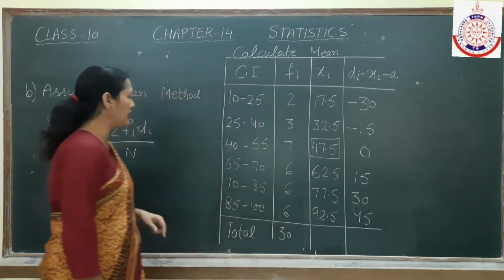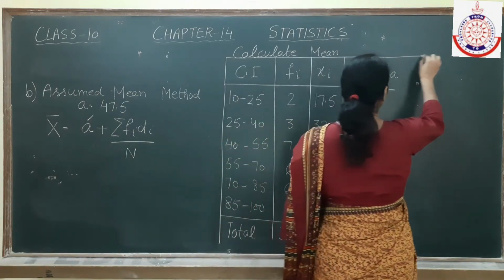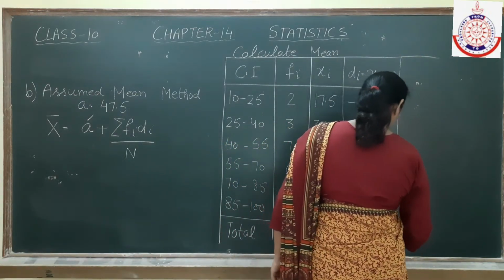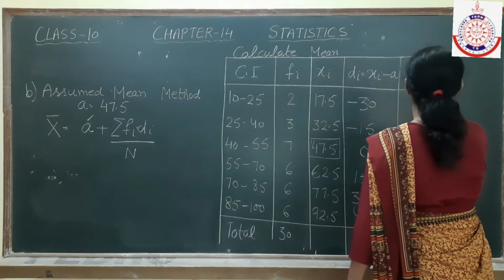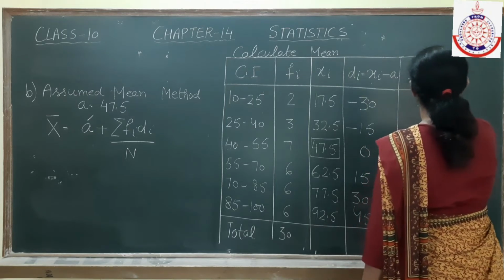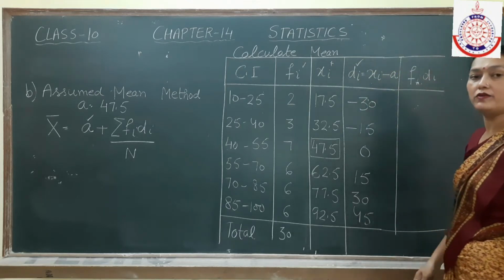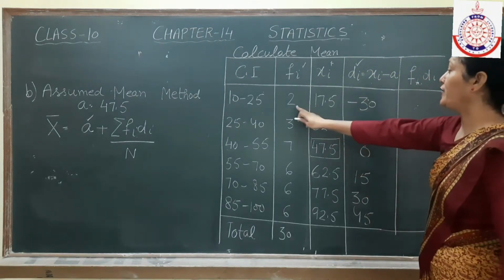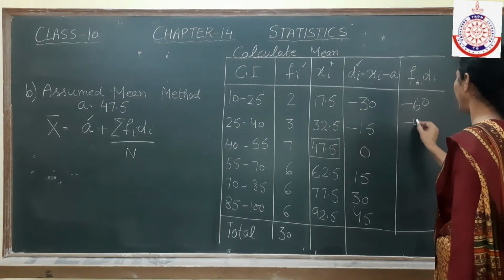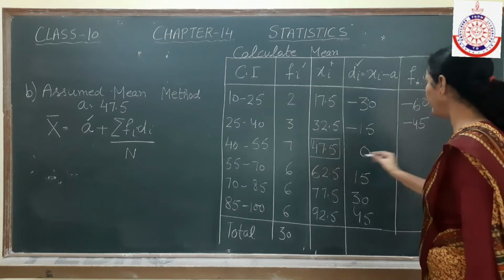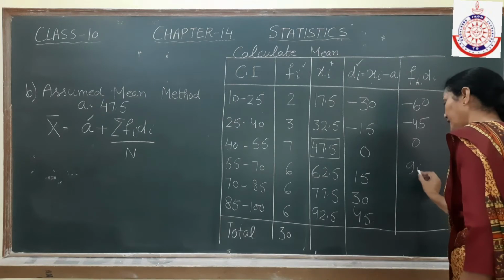Now the next step is to calculate Fi di. I will multiply this Fi not with Xi, but with di. 2 into minus 30, minus 60. 15 into minus 3, minus 45. 7 into 0, 0. 15 into 6, 90.